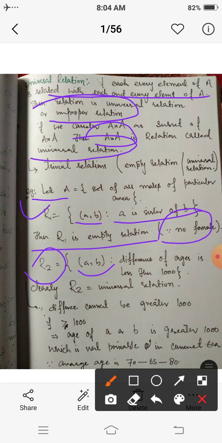Then clearly R2 is the universal relation, because among the males of a particular area, it is not possible that the difference between any two is greater than 1000. So R2 contains each and every ordered pair from A to A. So R2 is the universal relation.